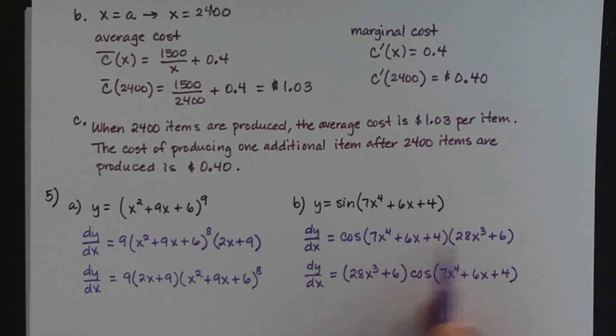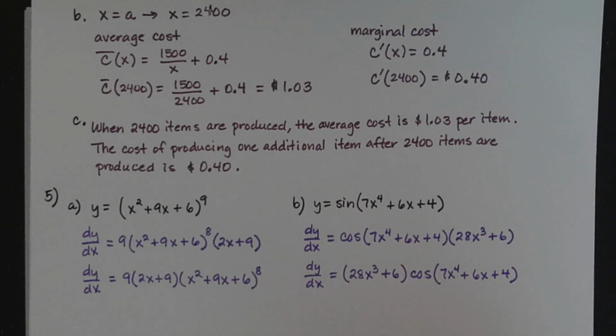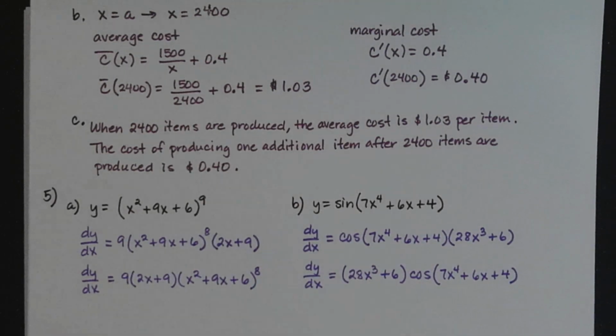And don't try to multiply these two out. Do we have to put the derivative in front of the cosine? Doesn't matter. But don't try to multiply these out because this right here is the angle for the cosine. Okay, any other questions?